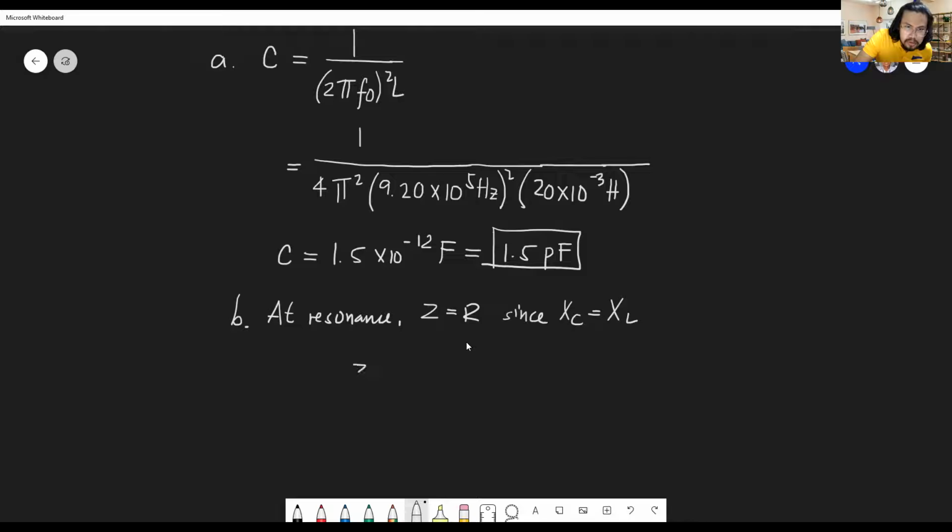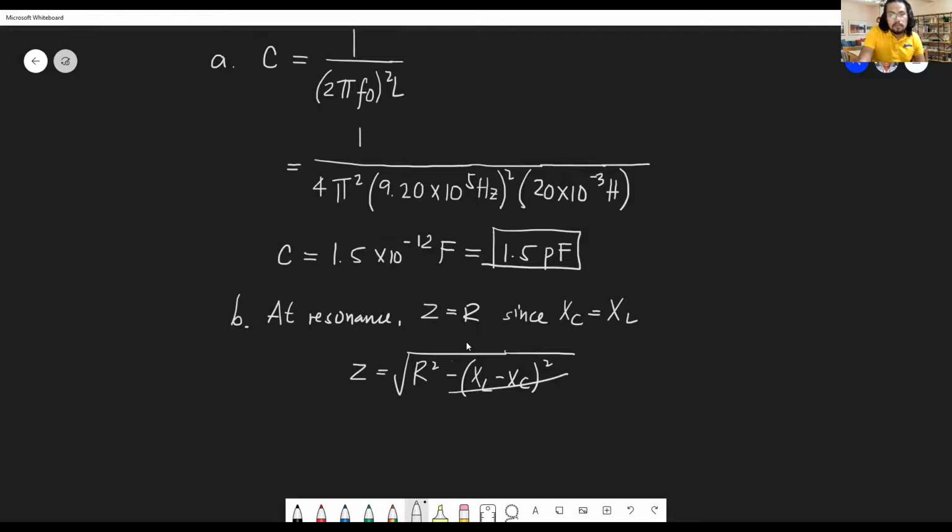Remember the equation Z equals the square root of R squared plus, sorry, X sub L minus X sub C, squared.